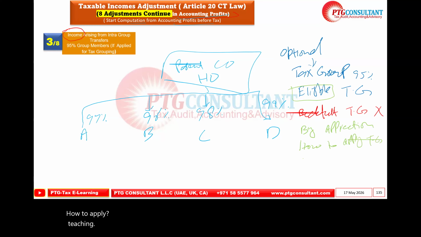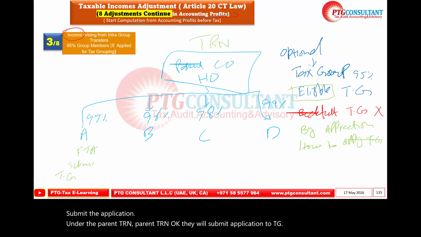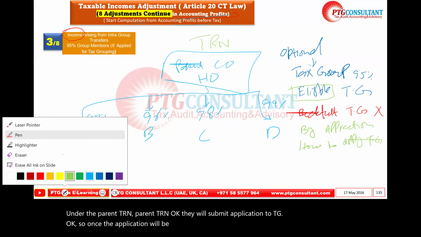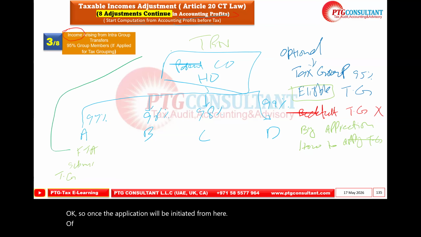This is a quick understanding: each entity will apply from their FTA login and submit the application under the parent TRN. Once the application is initiated from here to here, they have to approve.